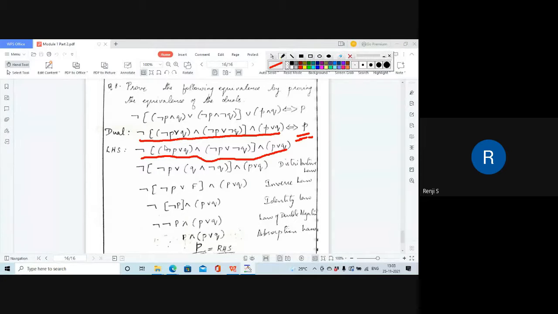See, look at this part. You can see that it is the same as the distributive law, isn't it? There is a conjunction, and on either side of the conjunction you have disjunctions. The first element is the same, the second element is different.